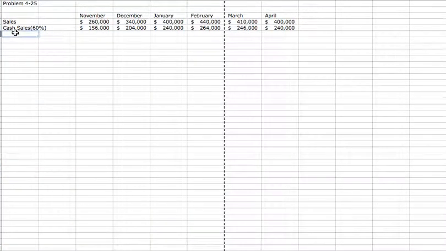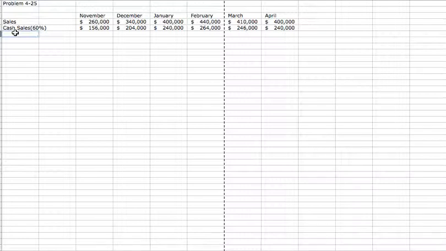So cash sales, then it said credit sales, remaining 40% are on credit. Credit sales, 20% of that number is paid in the month after the sale and 80% are paid in the second month after the sale.